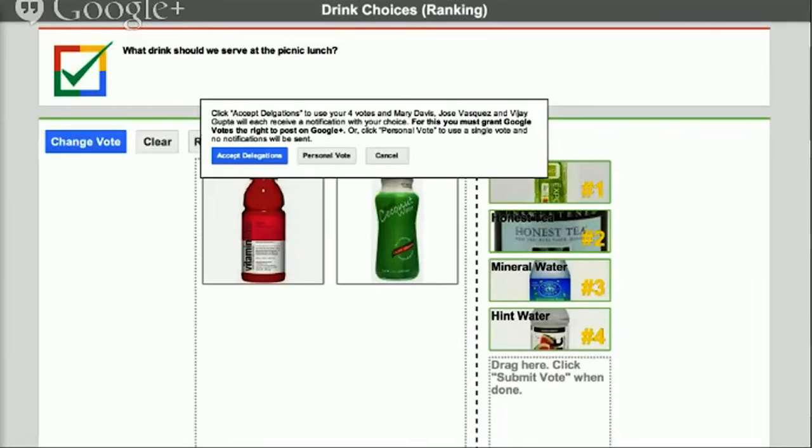Maybe I just want to vote, and because other people delegated to me, I don't necessarily want to share this specific vote. So there's always the option of casting a personal vote, which will only give you 1 point of voting power, but it won't send notifications to anybody else. Or you can accept voting power and then it'll send notifications.